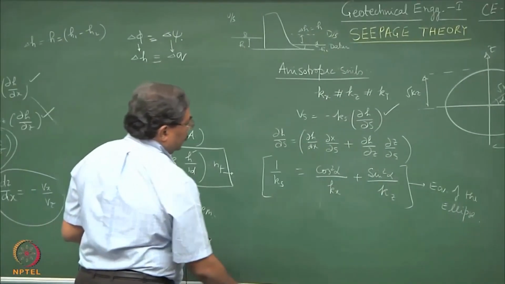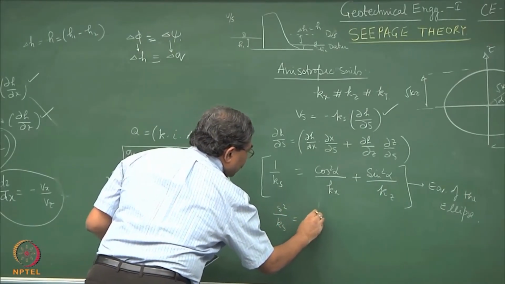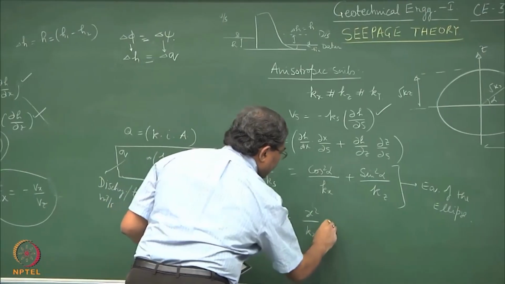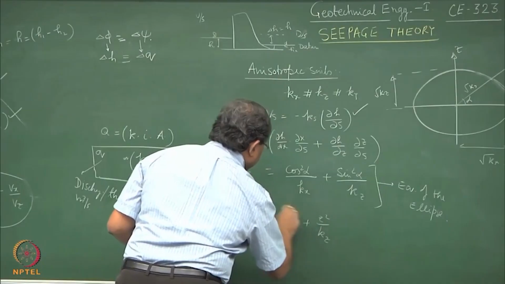This can be also written as s square upon k s equal to x square upon k x plus z square upon k z.